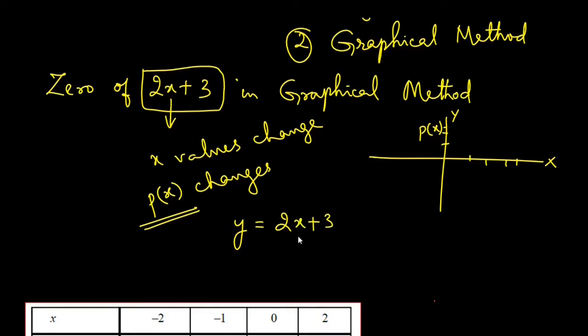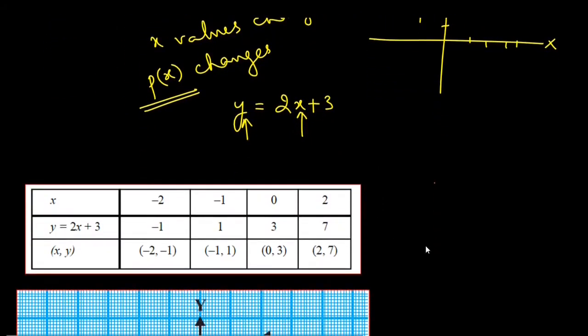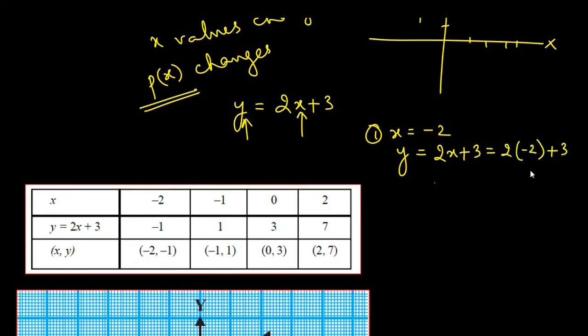To plot the graph, for various values of x, we take value of y. We select the points and plot the graph. Let us say we have taken some points here. X is equal to minus 2. Then y is equal to 2x plus 3 is equal to 2 into minus 2 plus 3. This is minus 4 plus 3 is equal to minus 1. So for x is equal to minus 2, y is equal to minus 1.